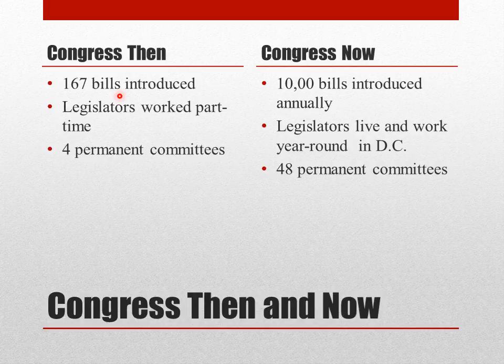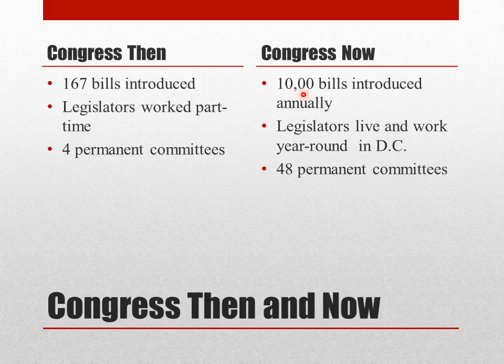So, this should say 10,000 right there. Sorry about the typo. It used to be only 167 bills introduced in the first year of Congress, and now 10,000 bills are introduced annually. So the government has grown a lot. They're taking in more ideas every year.